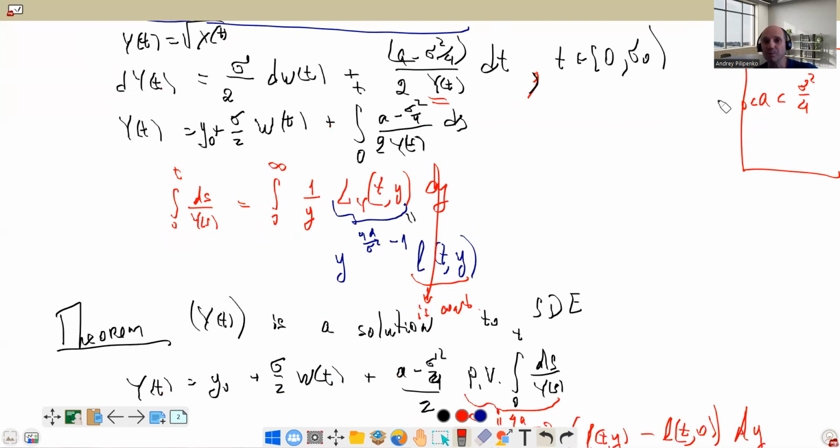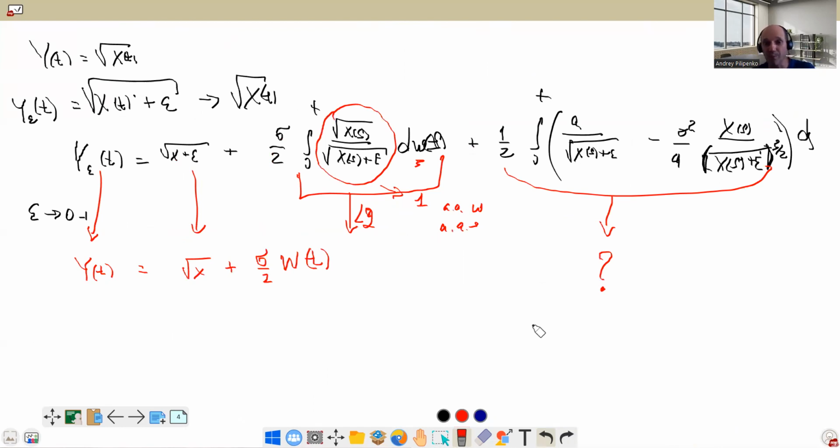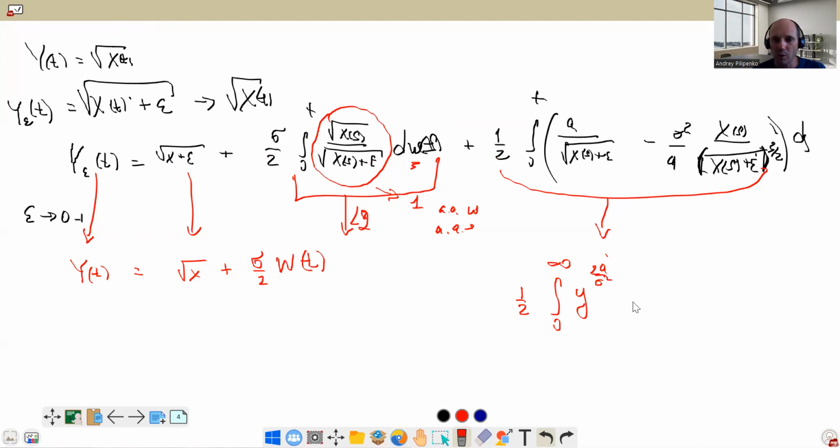I wrote this representation. So this term should converge to 1/2 times the integral from 0 to infinity of (a over sigma squared minus 2) times (L_t(y) minus L_t(0)) dy. This is the representation that uses the local time.